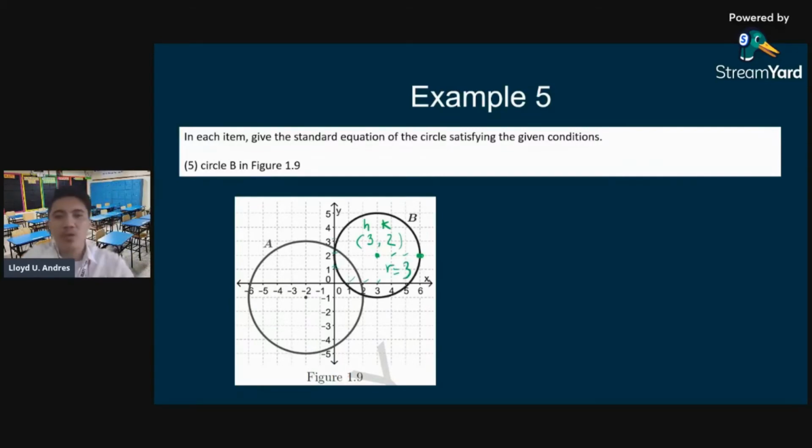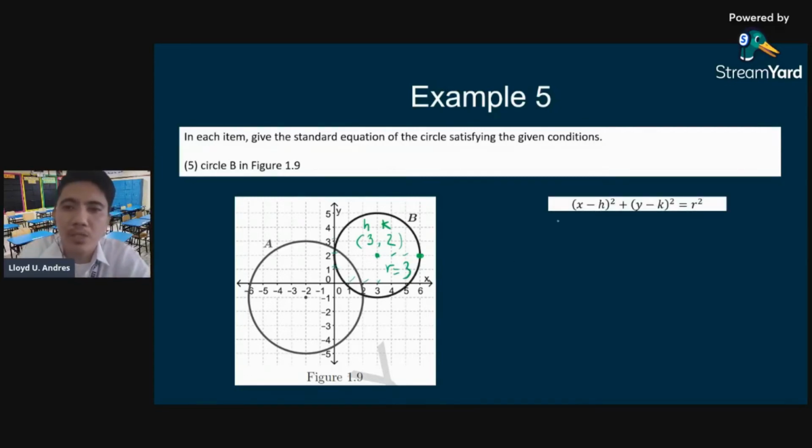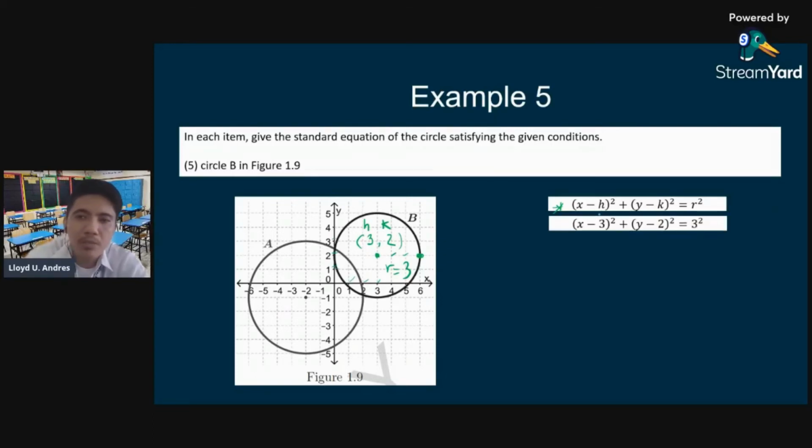Since we already have h, k, and r, we can now use the standard equation of the circle, which is the quantity of x minus h squared plus the quantity of y minus k squared equals r squared. Substituting the values, h is 3, k is 2, and r is 3.